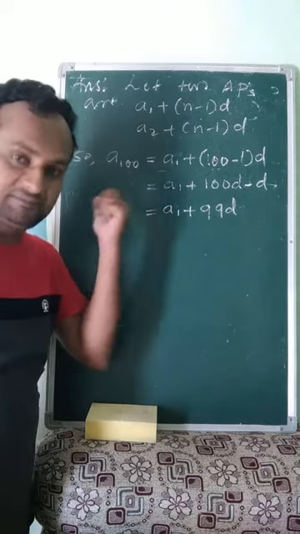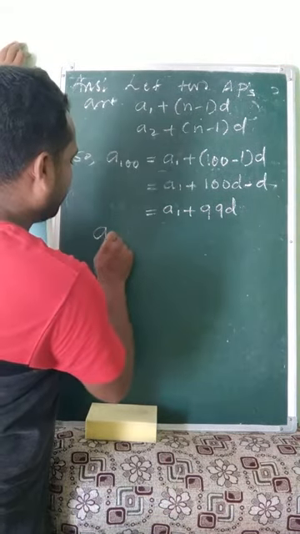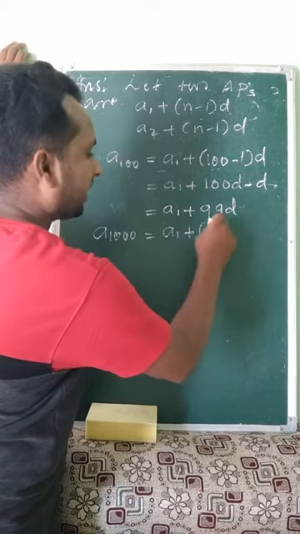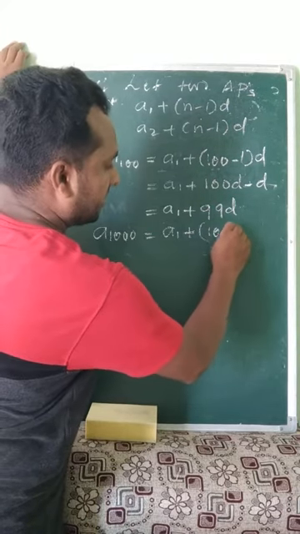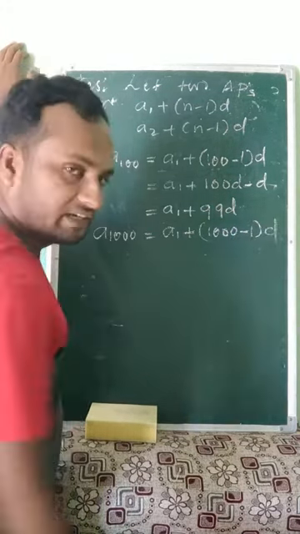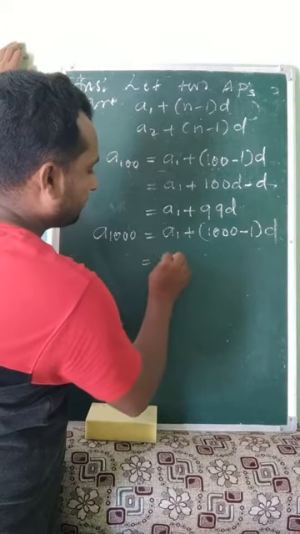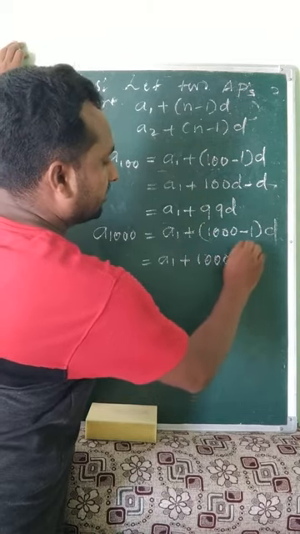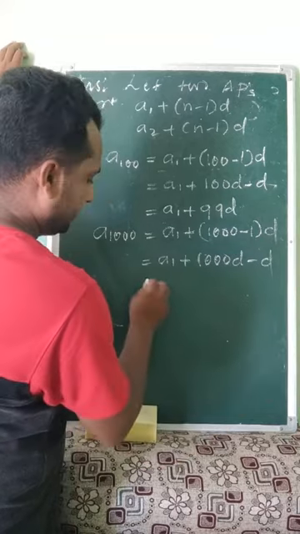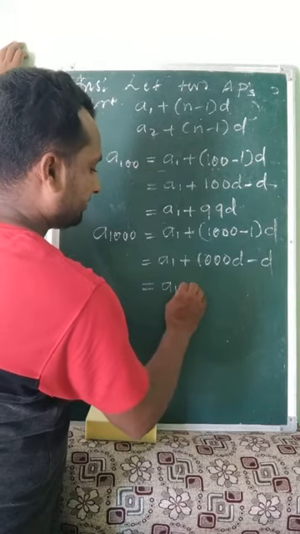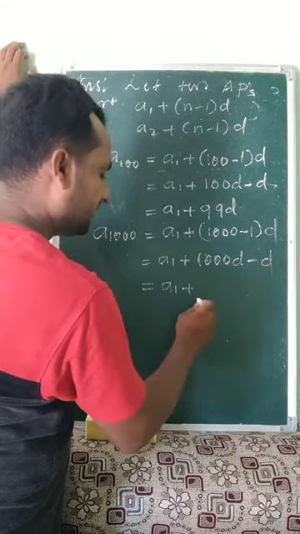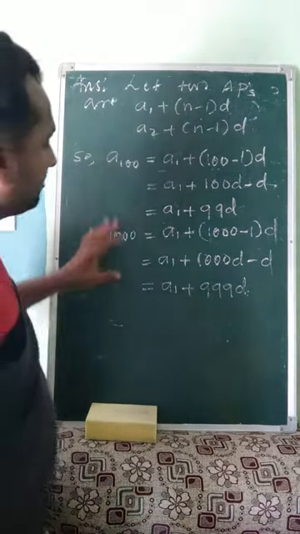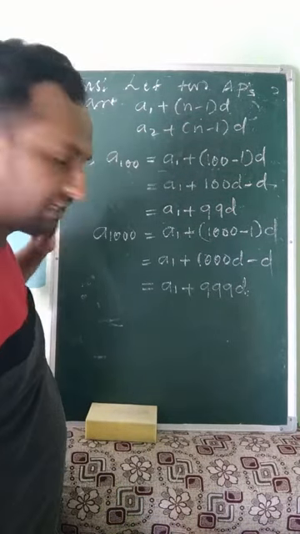The 1000th term is equal to A1 plus (1000 minus 1) into D, which is A1 plus 1000D minus D, so A1 plus 999D. Now this is the first AP's 100th term and 1000th term.